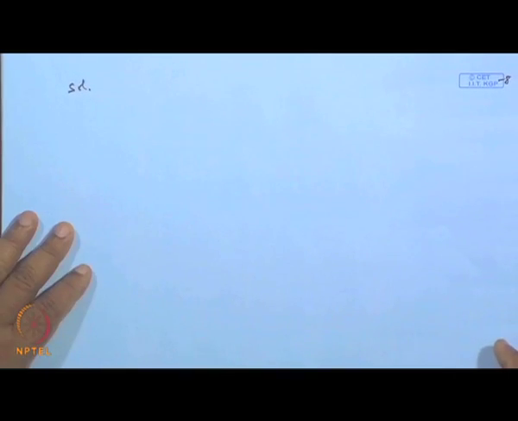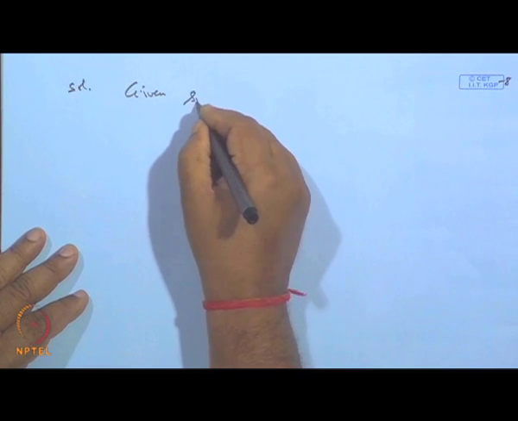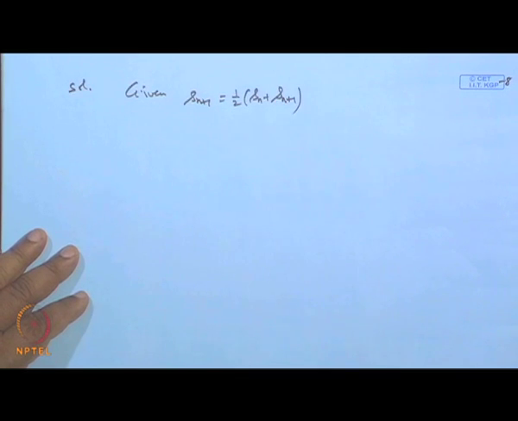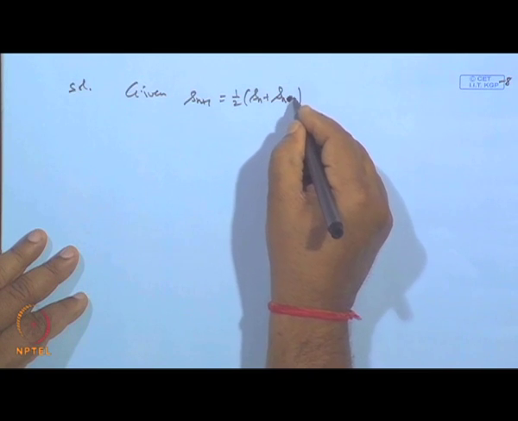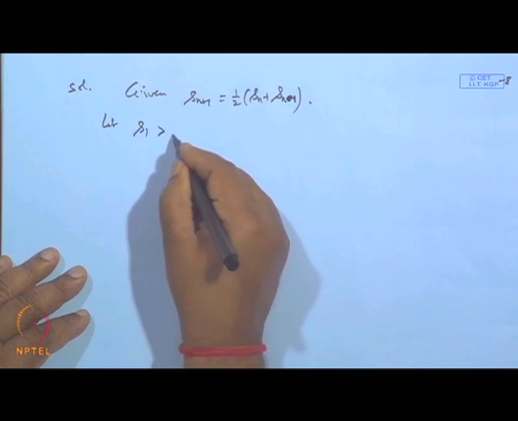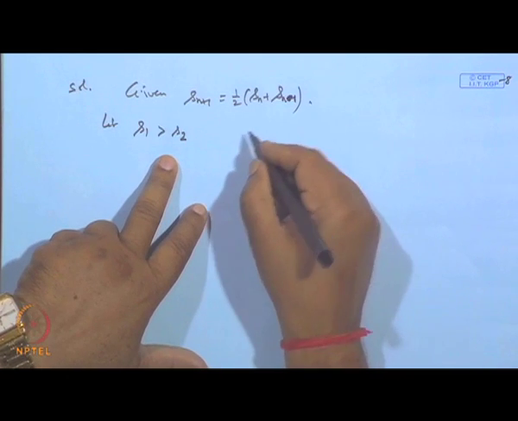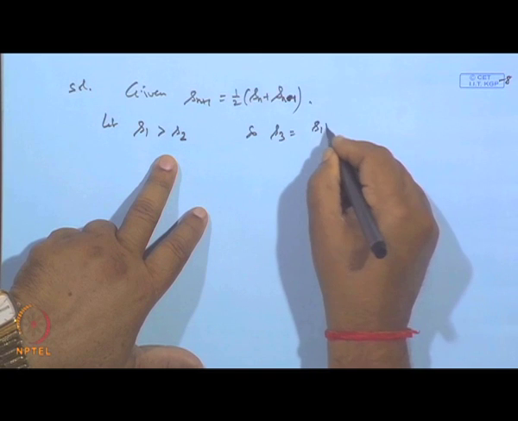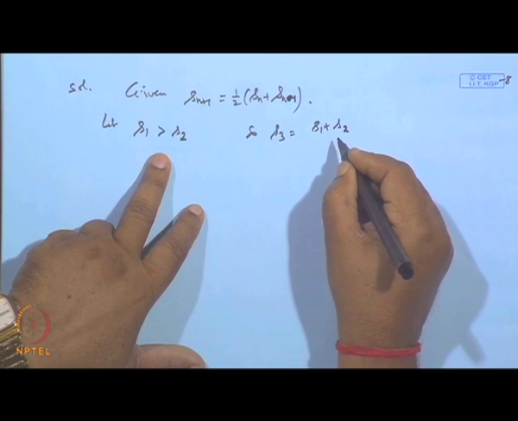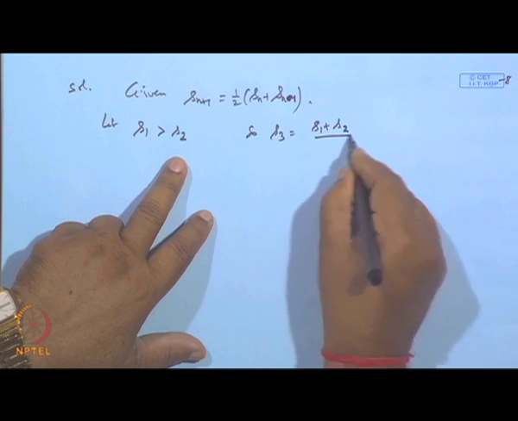What is given is that S(n+1) is half of (Sn plus S(n-1)). So, let us assume S1 and S2 are two numbers, where S1 is greater than S2. So, S3, with n equal to 2, is (S2 plus S1) by 2.